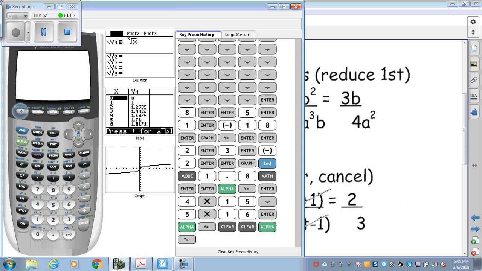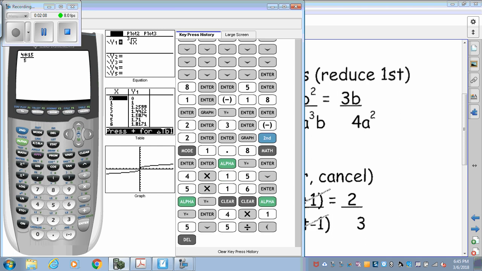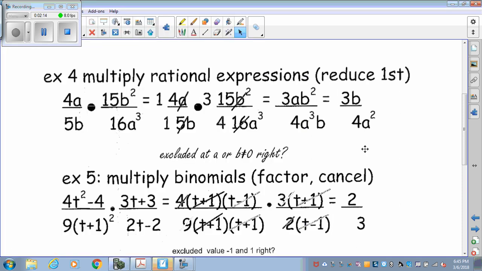I've got 4 times 15 in the numerator, divided by 4 times 16, and I'll hit enter. So that reduces to 3/4.